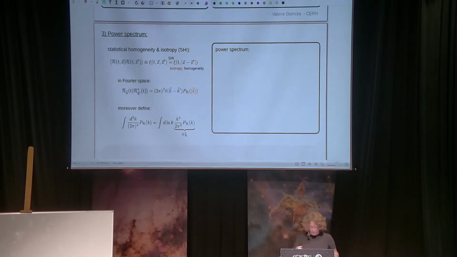Okay, so how do we compute it? Recall that R was V over Z, and Z was A phi dot over H. So we have V H over A phi dot. That means if we compute R_k R_k prime, we will get the 2 pi cubed prefactor delta of k plus k prime.